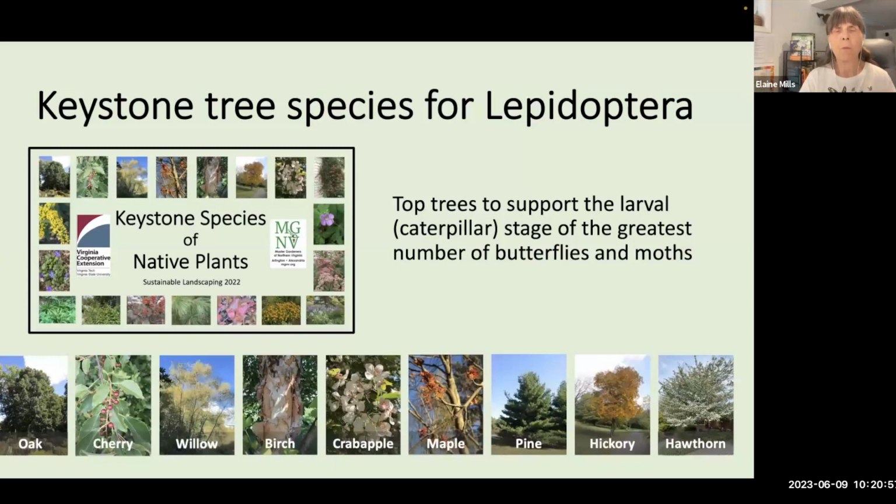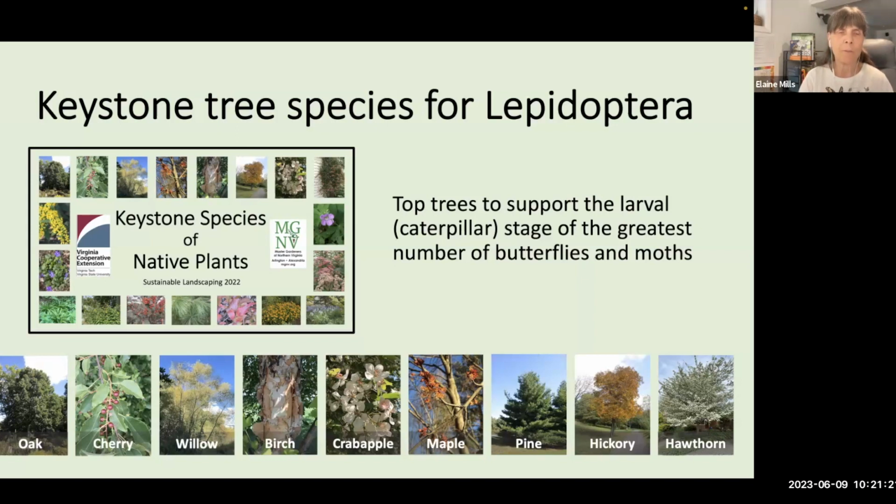Doug Tallamy, a well-known entomologist, has committed himself to detailed studies of both herbaceous and woody plants, and he's determined that the tree species that you see pictured at the bottom of the screen are those that are going to provide the highest levels of support to the caterpillar stage of our local butterflies and moths.